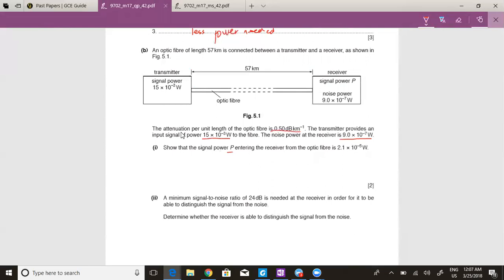The optic fiber length is given, the input signal power is given, and the noise at the receiver is given. So we can work out the overall attenuation. The attenuation was 0.5 per kilometer, and now we have 57 kilometers. What was the answer to this?